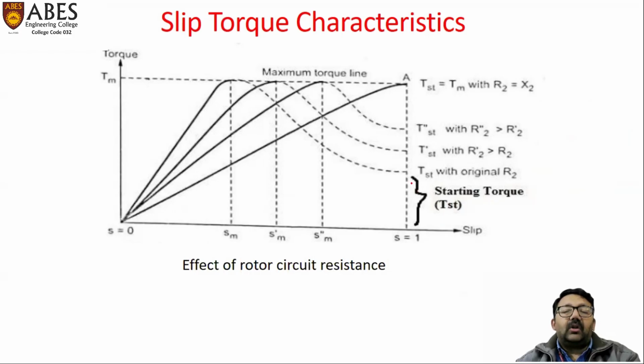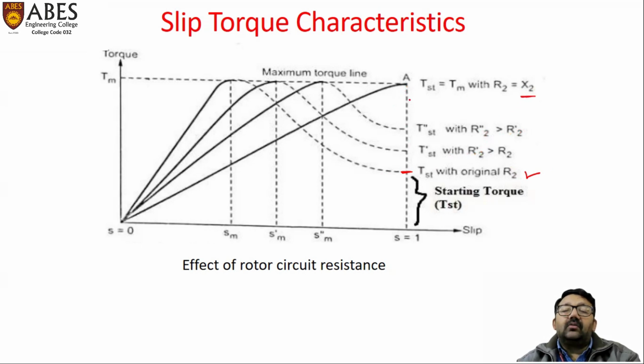Here, we have plotted slip torque characteristics with different values of rotor circuit resistance. The first curve is for rotor circuit resistance R2. Then R2 is increased to R2 dash, and then R2 dash is further increased to R2 double dash. And in the last curve, R2 is increased to the value X2.